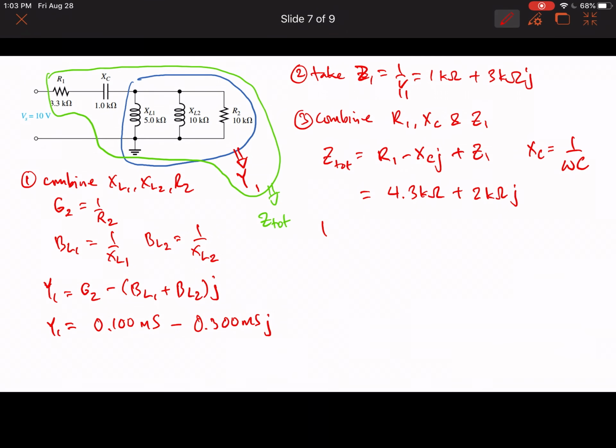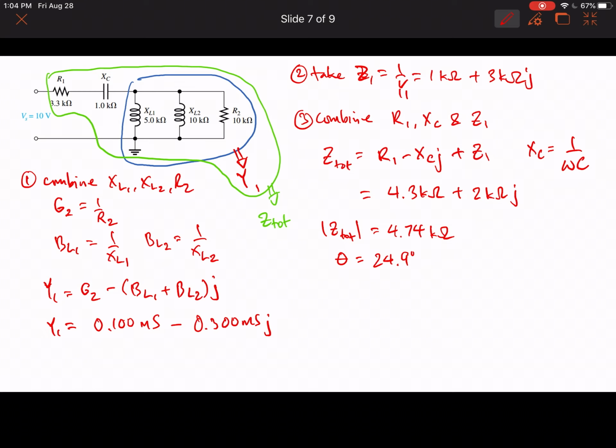We can get the amplitude of the Z total, of course, and that's 4.74 kilo ohms. You can also get the phase angle, and that's 24.9 degrees.